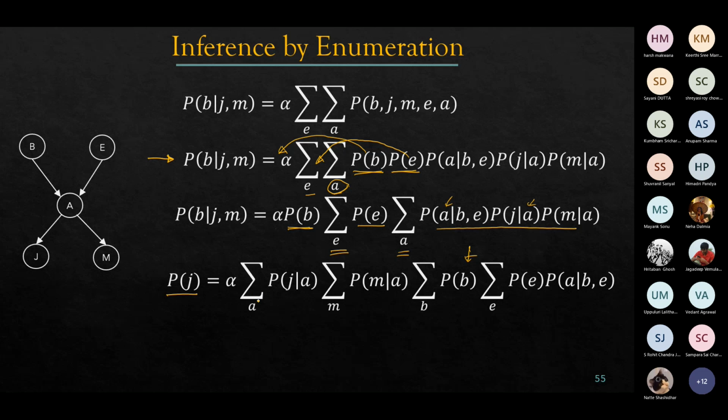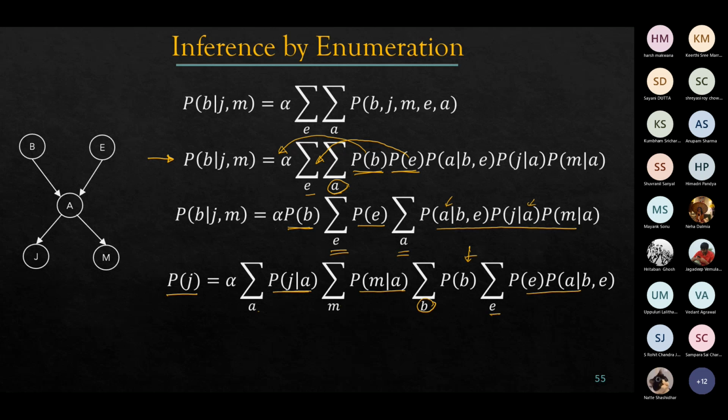So we have A, we have moved A out there, and we are keeping this inside the scope of A, and this probability MA will be in the scope of both M and A. Probability B will be only on the variable B, and the remaining factors will be scoped under E, right?